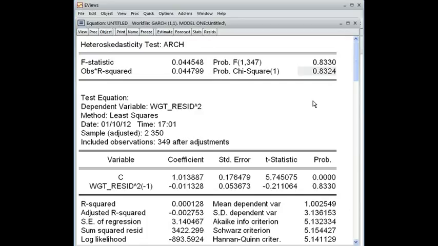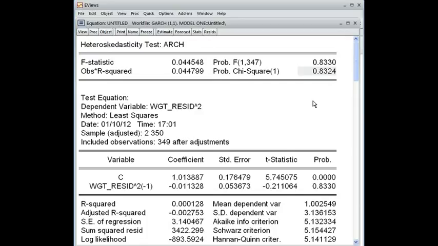So this GARCH(1,1) model with normal distribution has no ARCH effect. That is a good sign: the residuals do not have any ARCH effect.